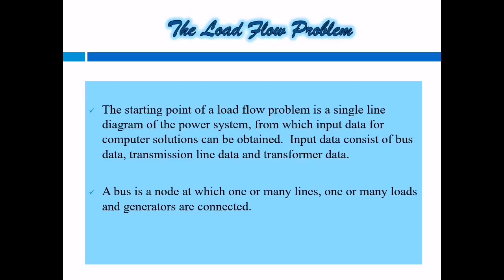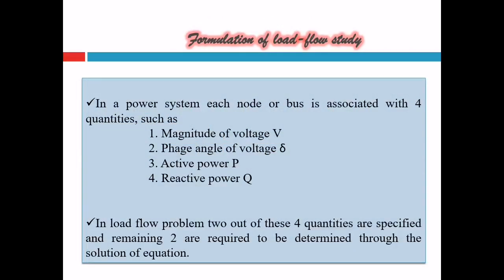We should know the values, like the specifications of all buses, transmission lines, and transformers. All this data is a must. Then a bus is a node at which one or many lines are connected. A bus is nothing but a junction, is it not? Many lines, loads, and generators are connected at it.